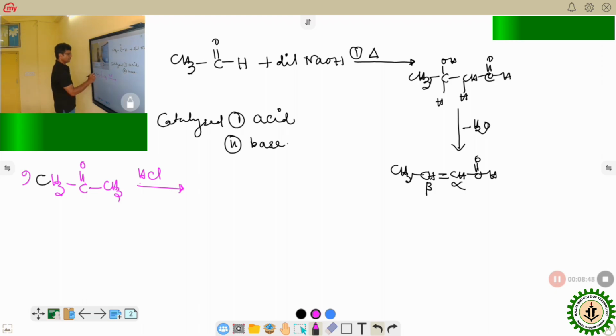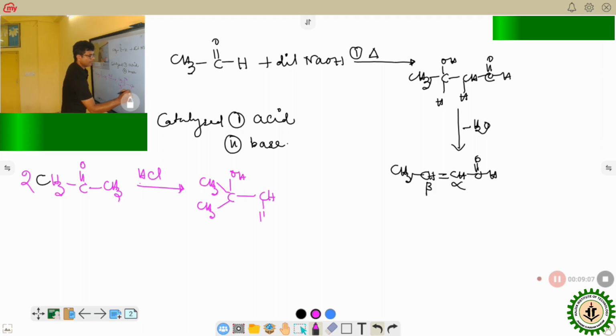So here also two molecules of ketone will be used. Now first in a similar way beta hydroxyketone is formed, followed by elimination of water.